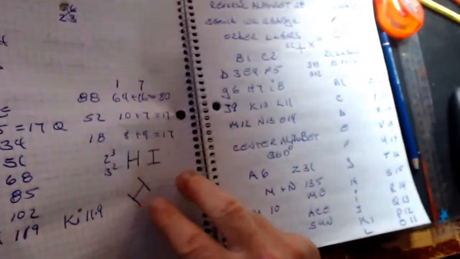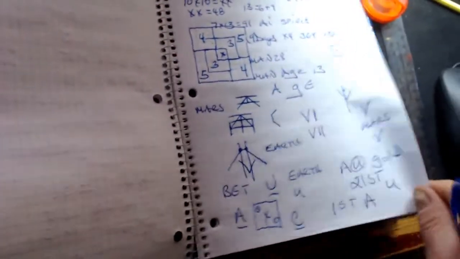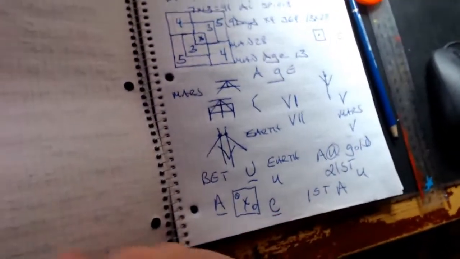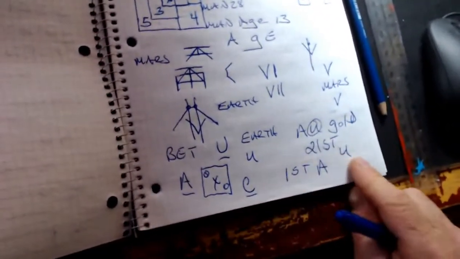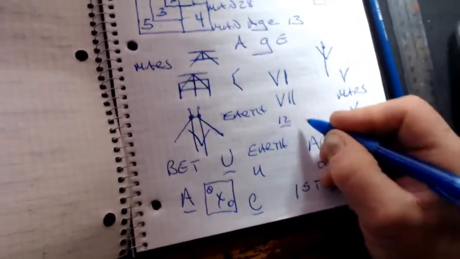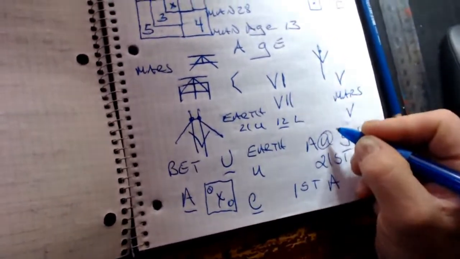When you're not seeing you, where did I write this down? Okay, here, you, 21st, you. So when you're not seeing you, what you'll see instead of the 21st letter, which is you, you'll see the L letter.